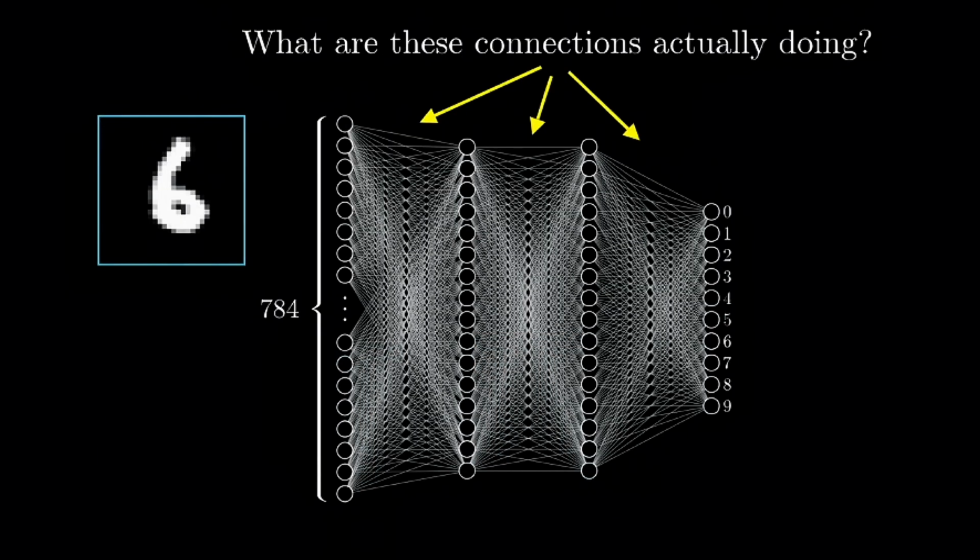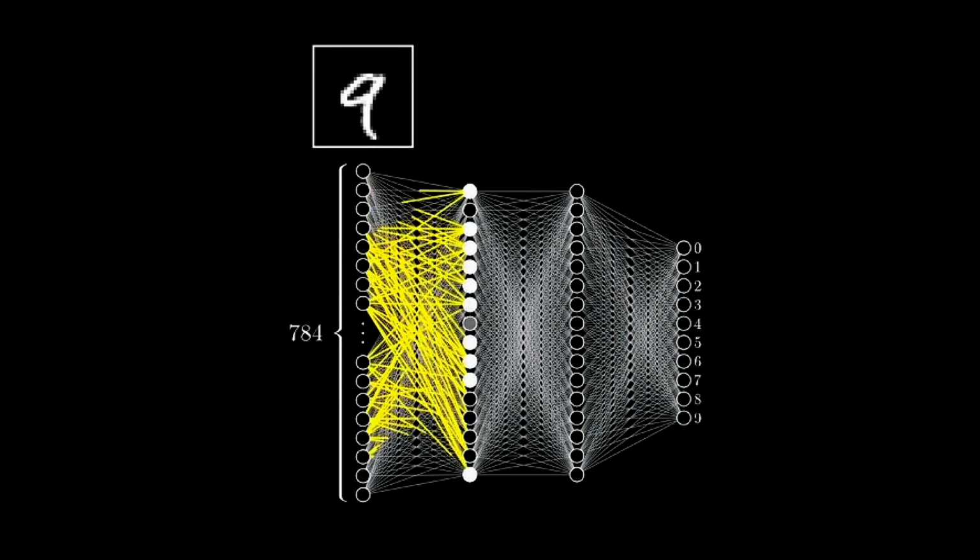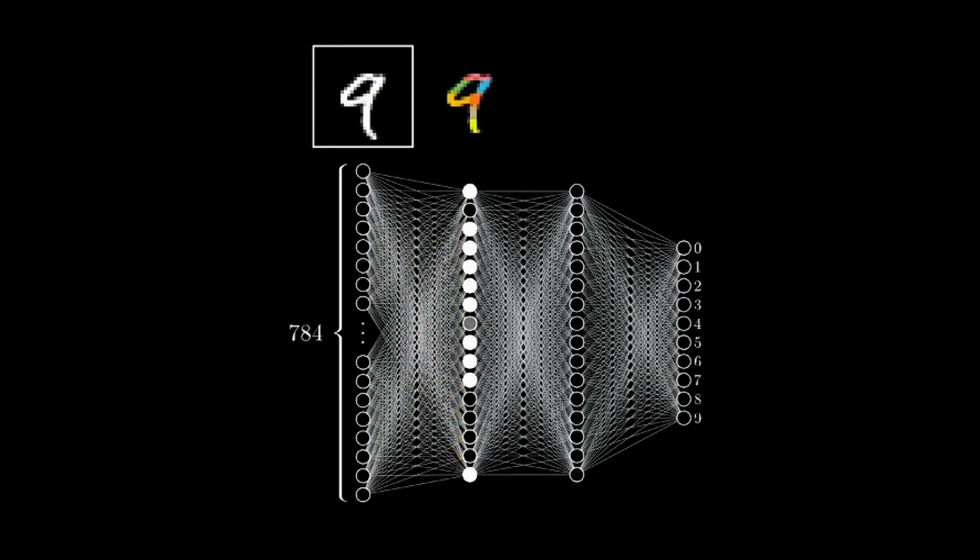But getting back to how any of this actually works, picture yourself right now designing how exactly the activations in one layer might determine the activations in the next. The goal is to have some mechanism that could conceivably combine pixels into edges, or edges into patterns, or patterns into digits.